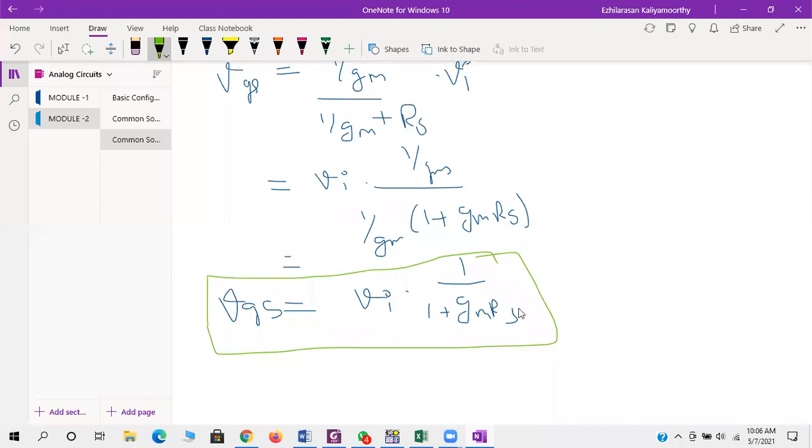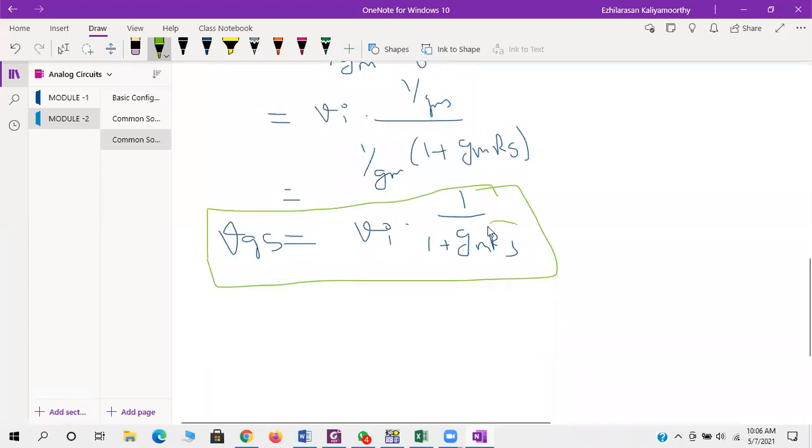Now from this, what is the benefit of this source resistance we need to know. The first benefit is that we use the value of RS to control the magnitude of the signal VGS.